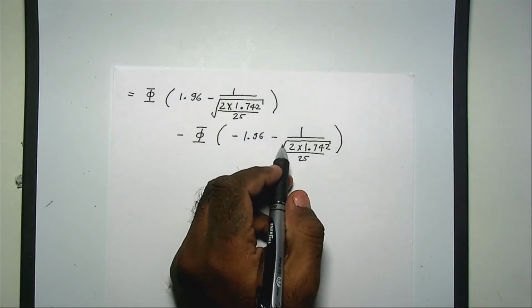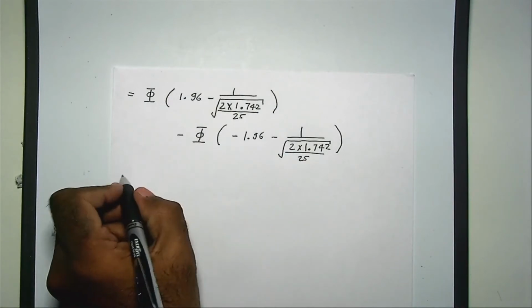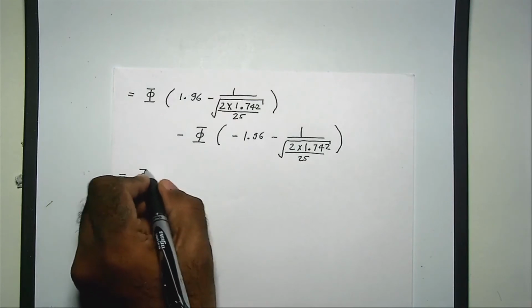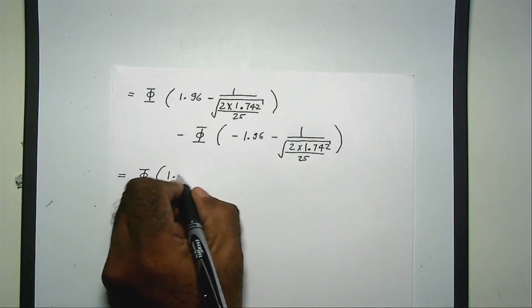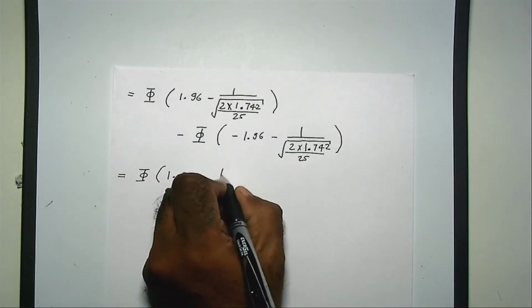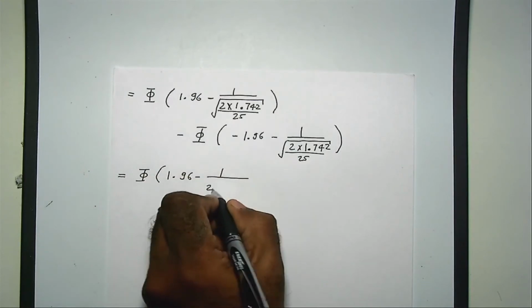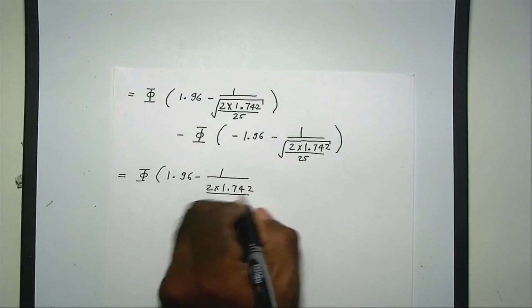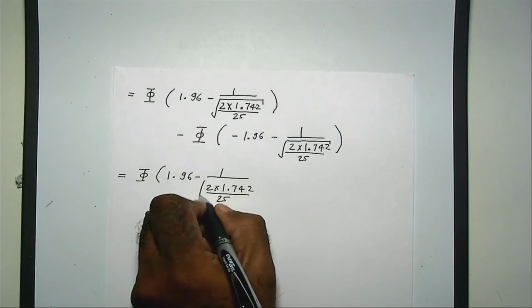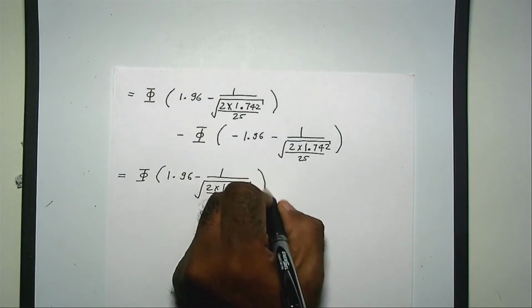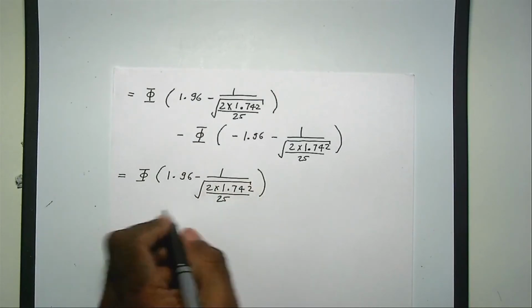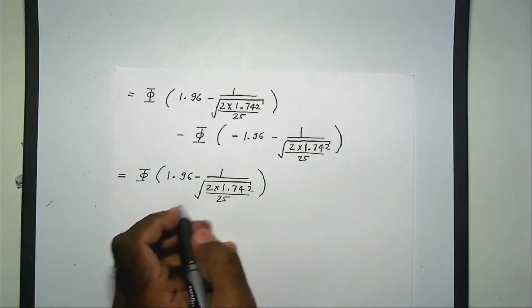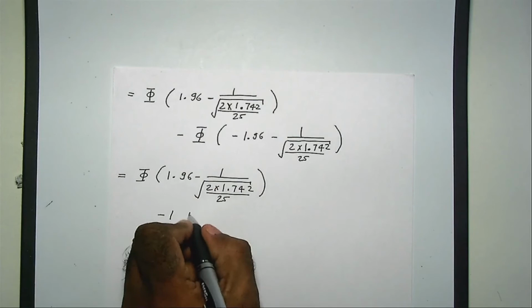And so you can use the fact, I think I mentioned this to you before, that phi of a negative number is 1 minus the phi of the positive part, right? So this would be -1 plus phi.